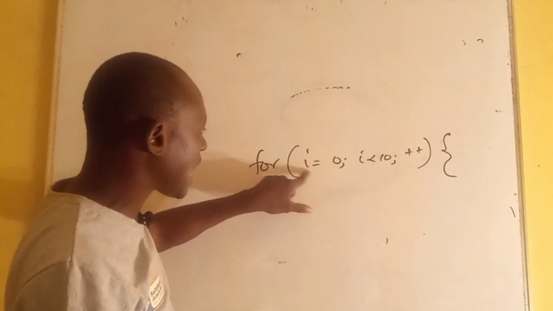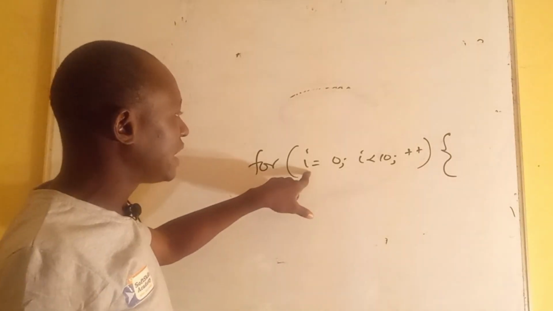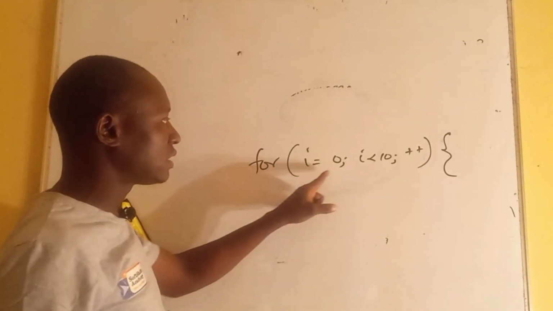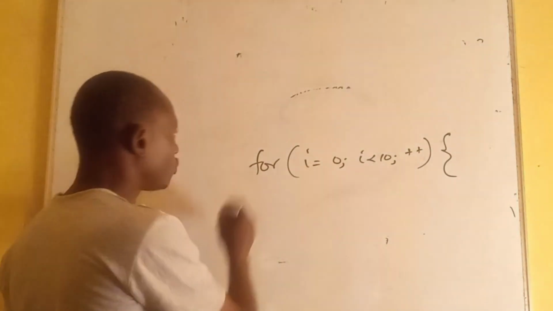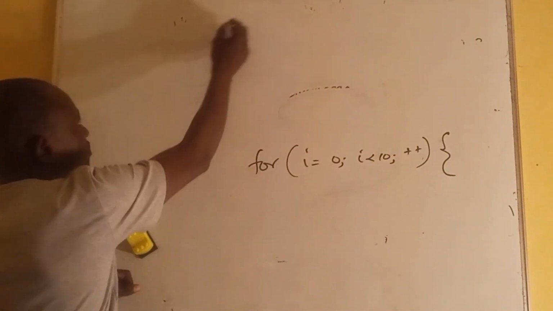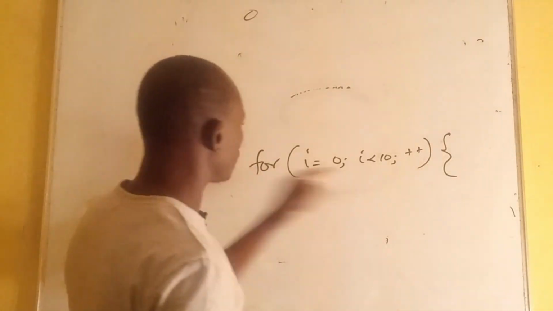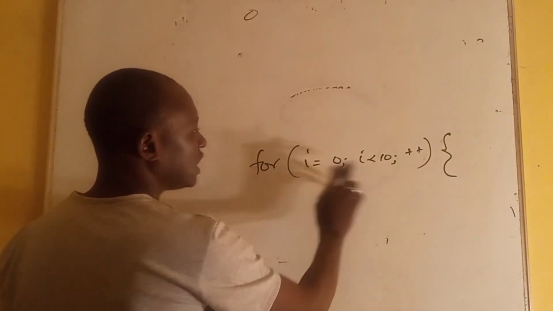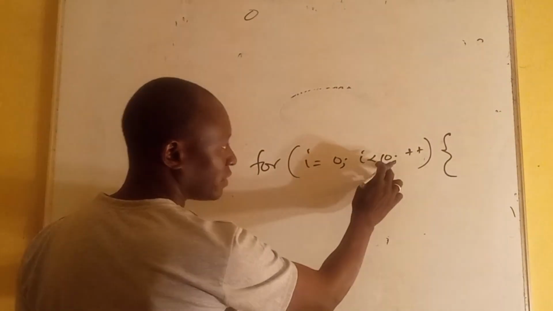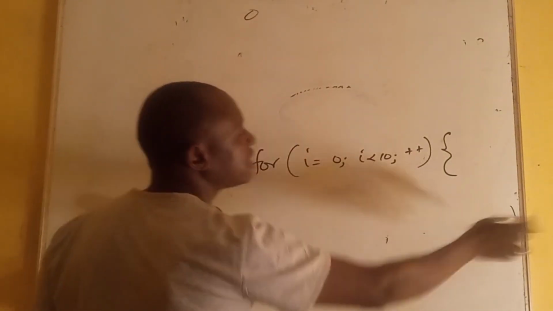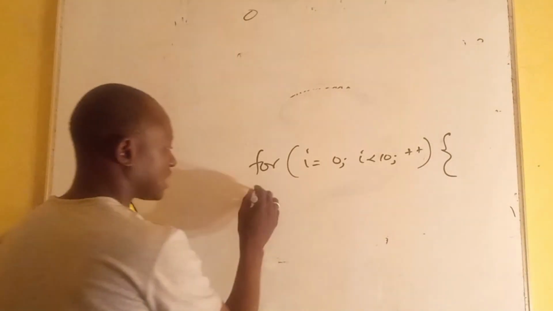We start the initialization as 0, and at first it will come and print 0. If this I is less than 10, it will now increment and go back. So here we are going to print a statement.